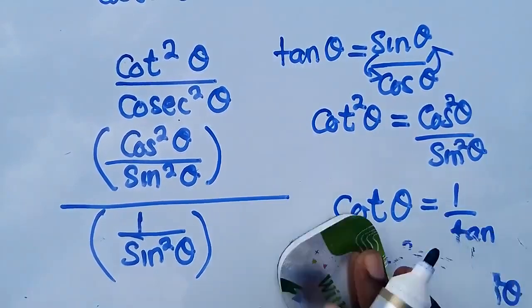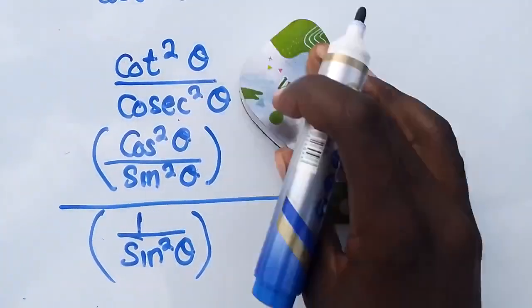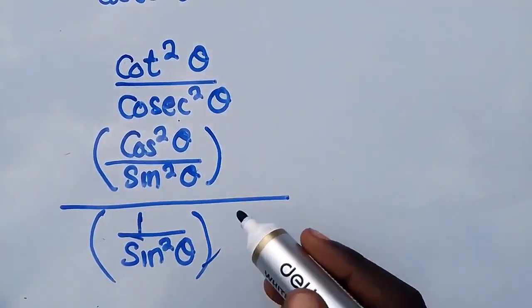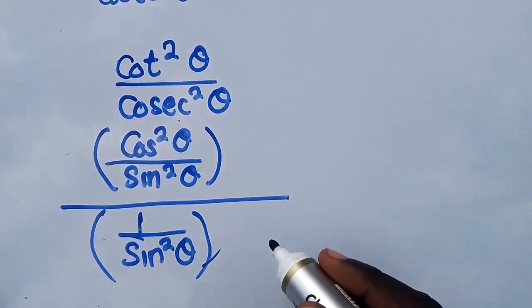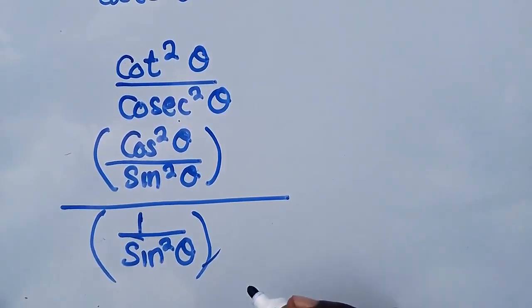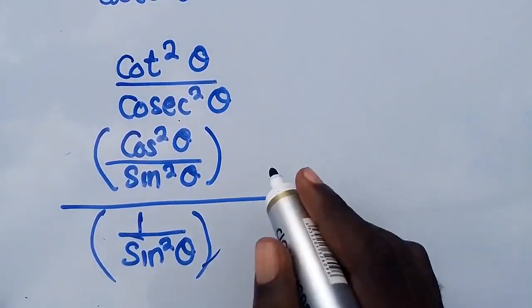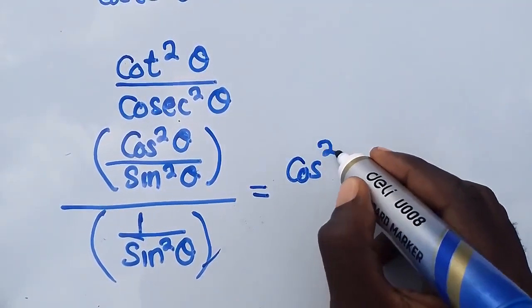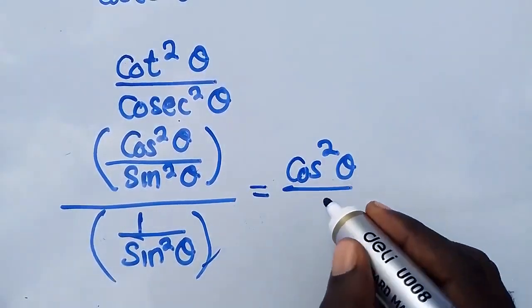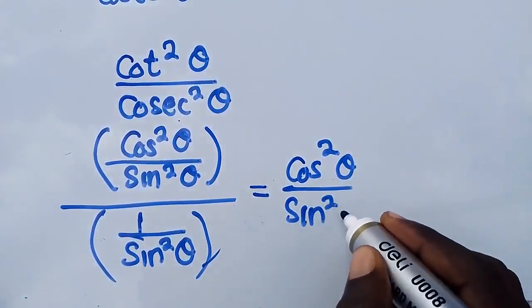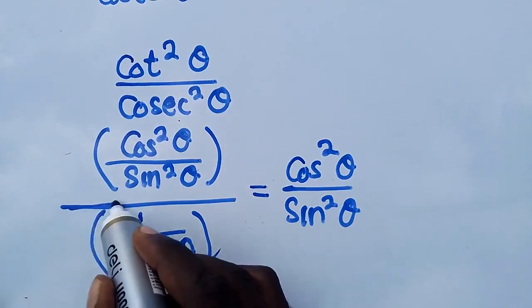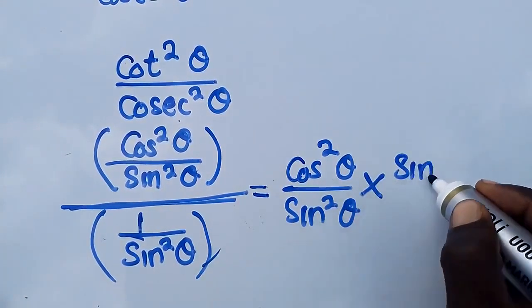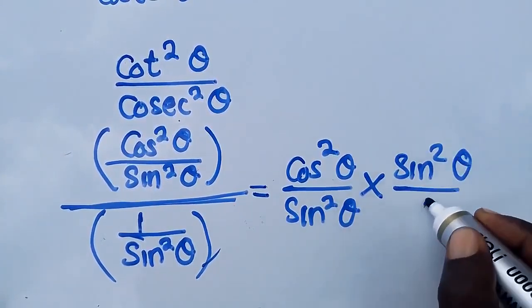Once you reach this stage, you want to prove that this expression is equal to cos squared theta. What you are going to do is this. We've got cos squared theta over sine squared theta. This is division, so when it changes to times, the sine squared theta goes on top and the one comes down.